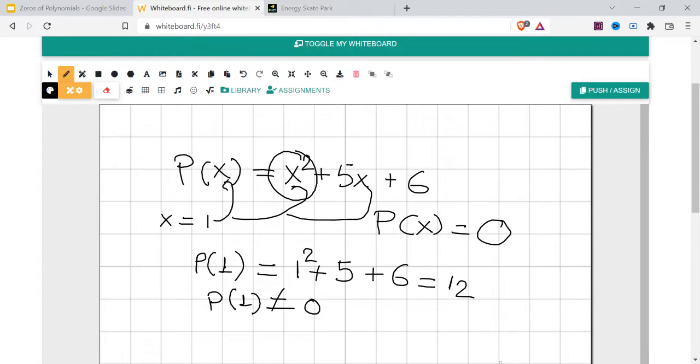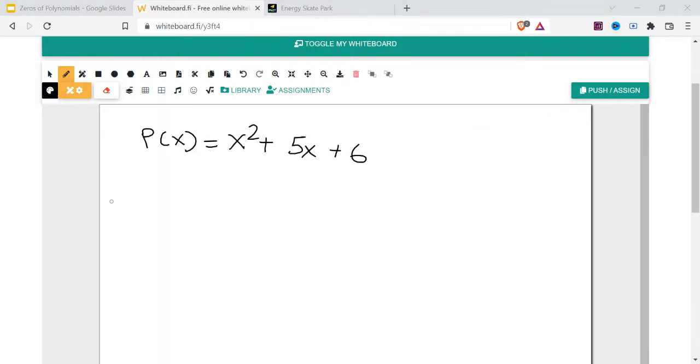So let's do this. Now we need such values of x where p(x) results in 0. You must have learned that you can do this by factorization. For someone who doesn't know that, by random, suppose I say the value of x equals minus 2.